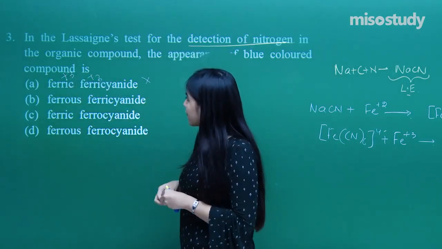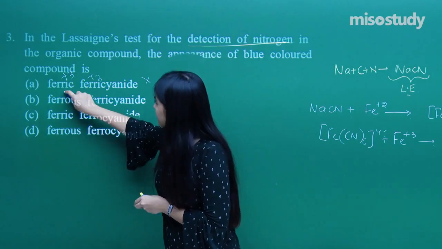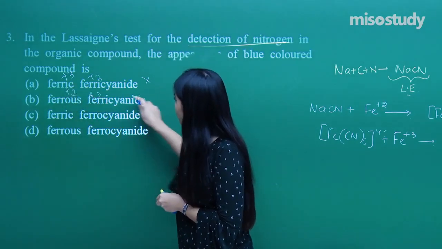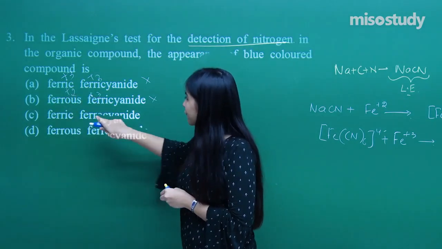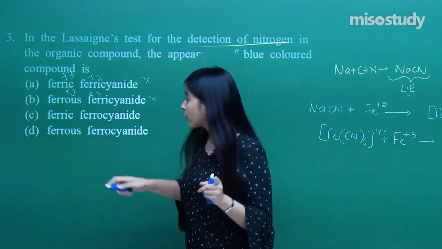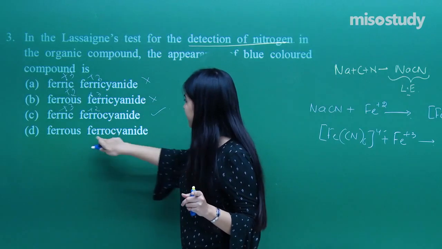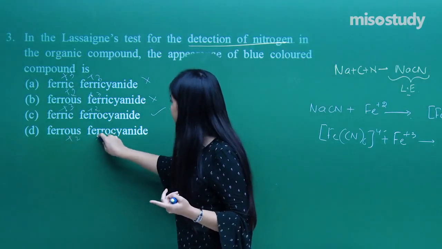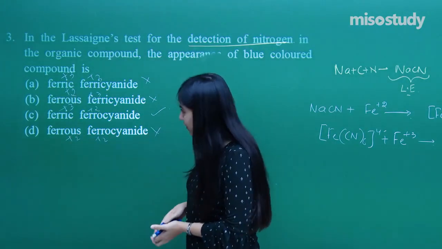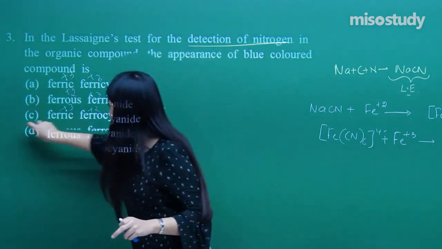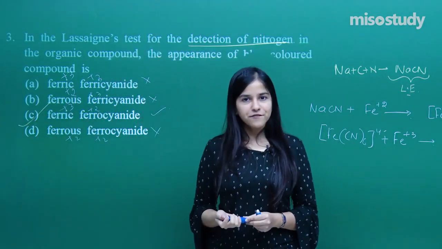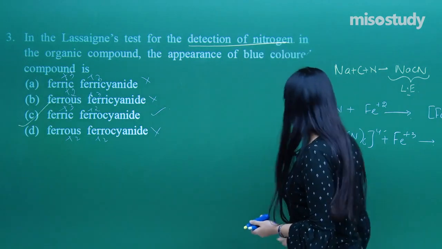Ferrous ferri means +2 first and then +3, also not possible. Ferric ferrocyanide, yes it is possible, +3 followed by +2 state. And ferrous ferro is again +2 and +2, which is not possible. So I have got my answer, that is C. I hope everybody is able to follow.